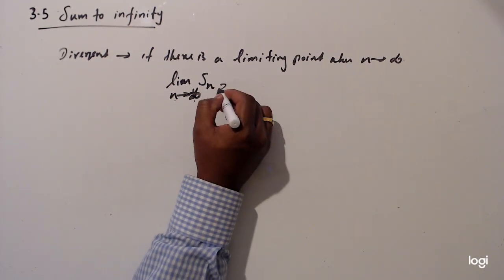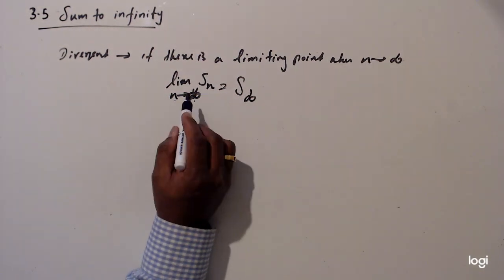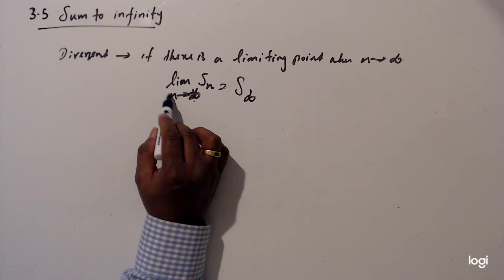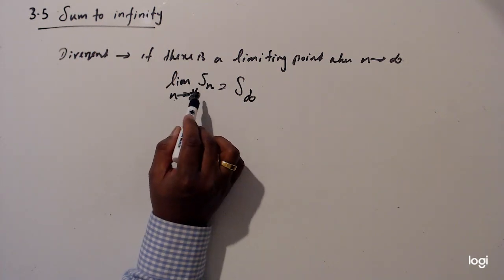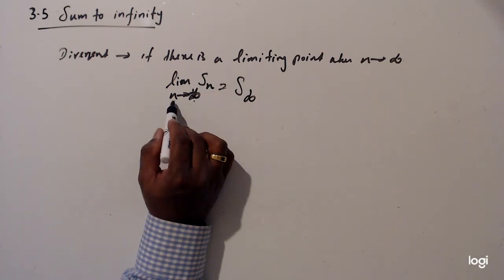This is S infinity, which means the limit of Sn as n goes to infinity.